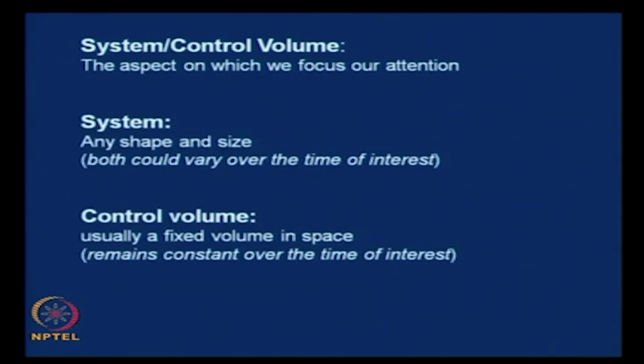There is a slight difference between the two. The system could be of any shape and size and could also vary over the time of interest of our dealing with that system, whereas a control volume usually is a fixed volume in space, it remains constant over the time of interest.